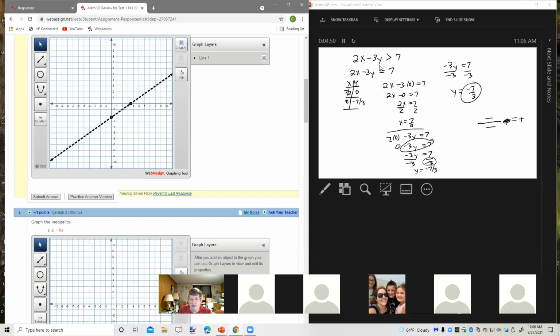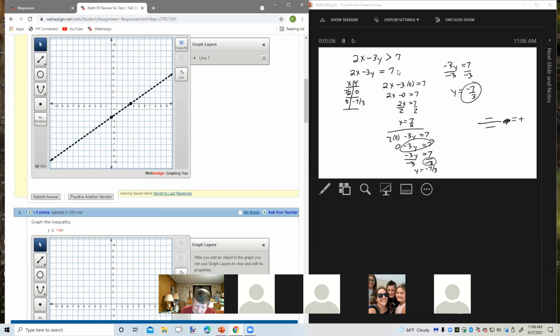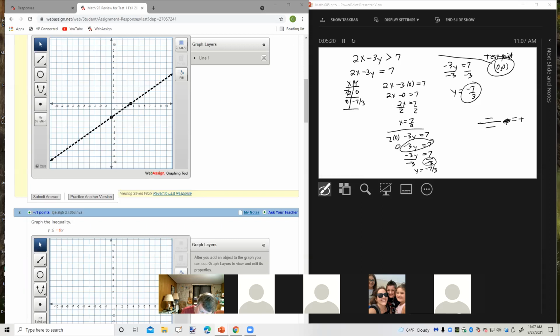Now, 2x minus 3y greater than 7. I need to use a test point. I can use anything that's not on the dotted line. I'm going to go ahead and use 0, 0, because it's a nice one to use. So that goes back into the original inequality: 2 times 0 minus 3 times 0 greater than 7.